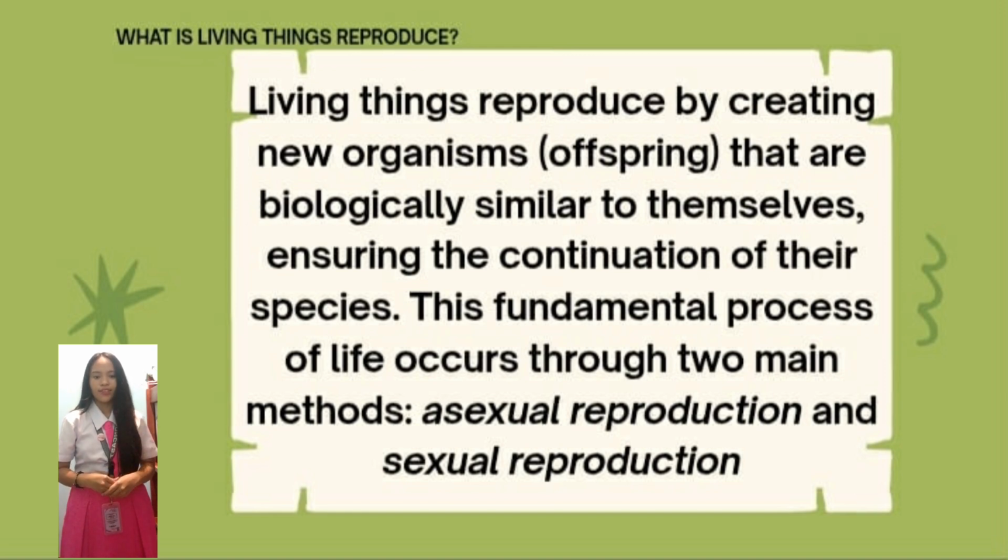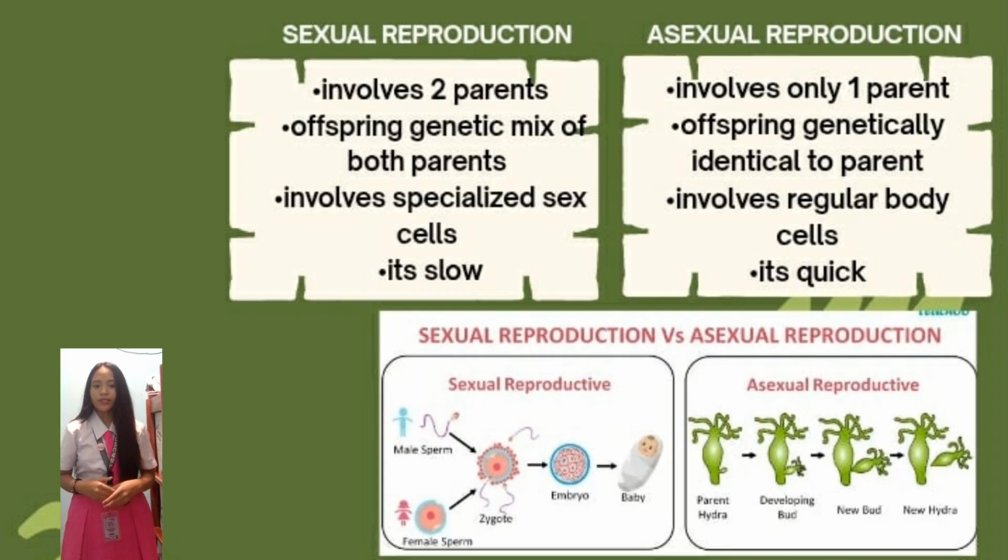So, there are two main fundamental processes of life, which are asexual and sexual reproduction. When we say sexual reproduction, it involves two parents, and the offspring is genetically a mix of both parents.